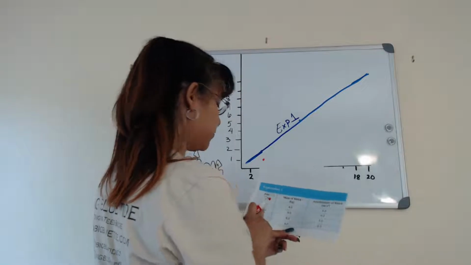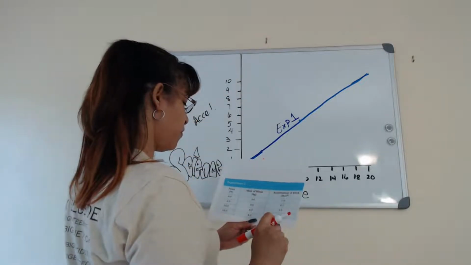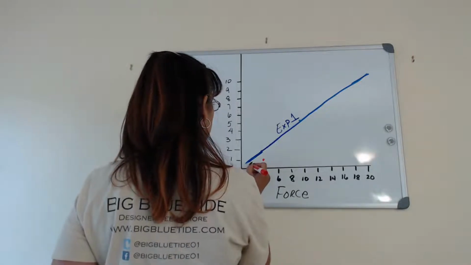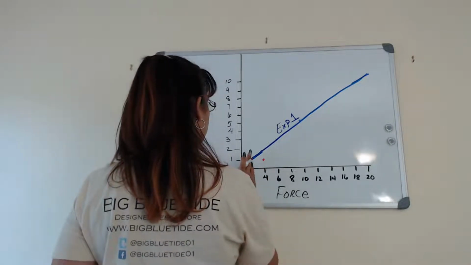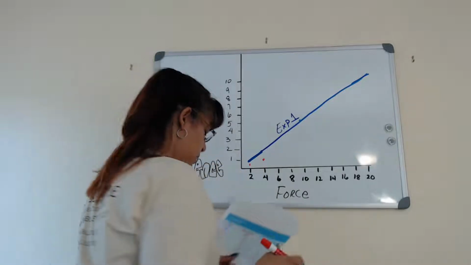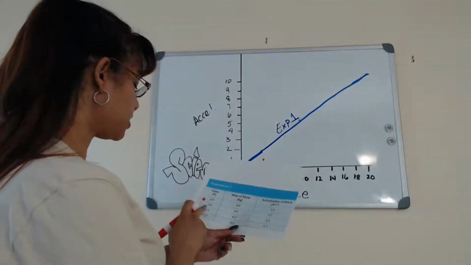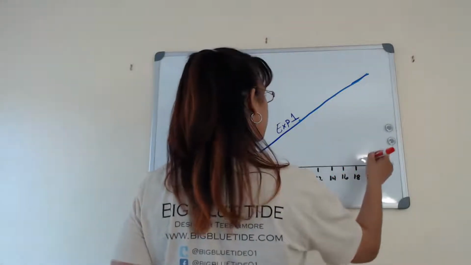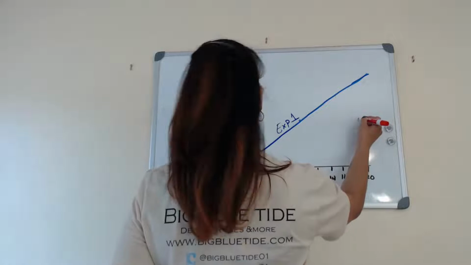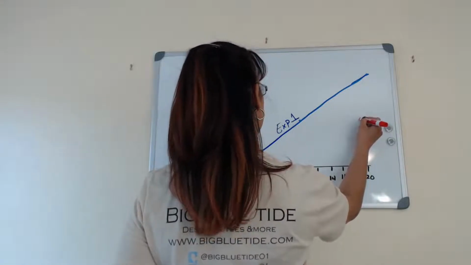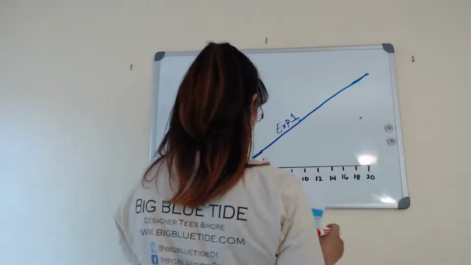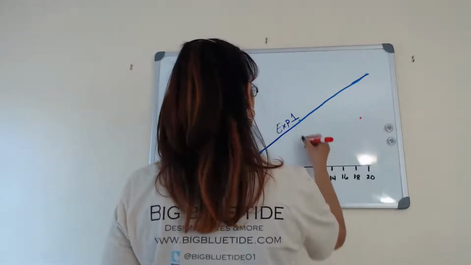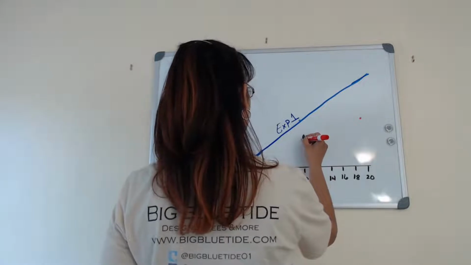We have a force of 2 newtons and an acceleration of 0.5 meters per second. So that's actually going to be down here. Let me go ahead and erase this so that it starts at 1. And then a force of 20 newtons at an acceleration of 5 meters per second. So that is going to be here. And then the last one is 10 newtons at 2.5 meters per second. So that's going to be about here.